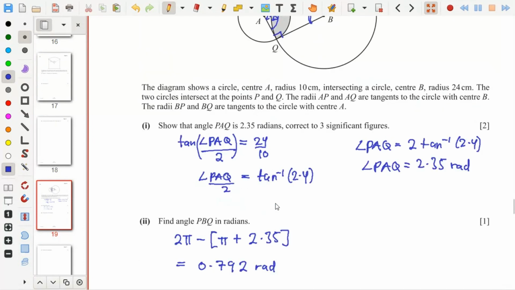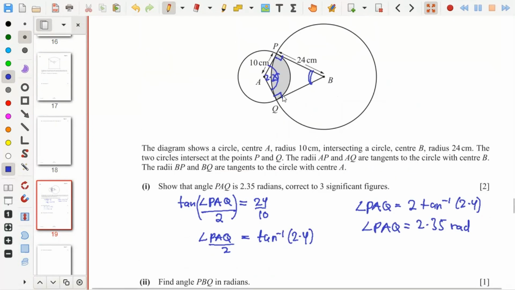Now the perimeter of the shaded region. Okay, so you know that here is 2.35. I can find the perimeter, which is basically the length of the arc here plus the length of the arc there. Now let's find the length of the arc.